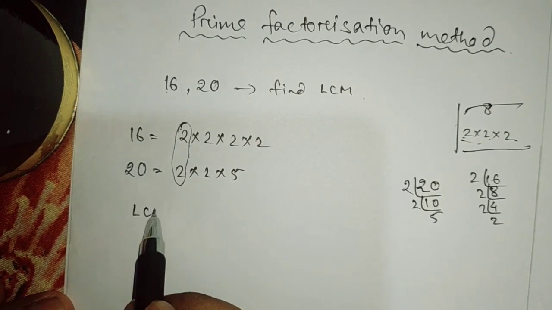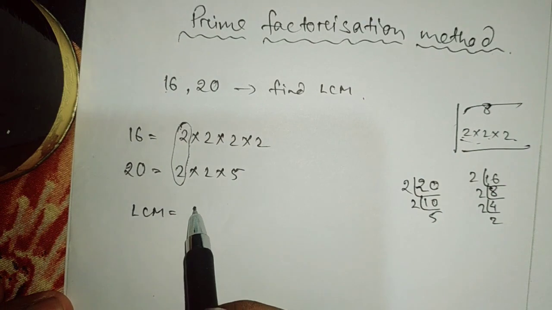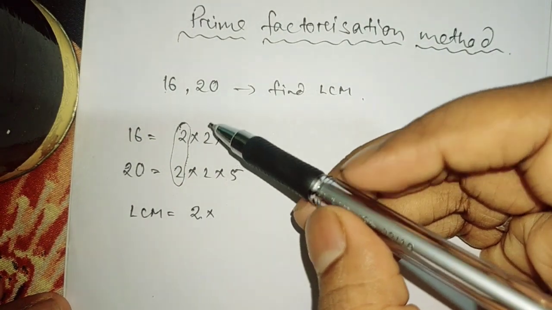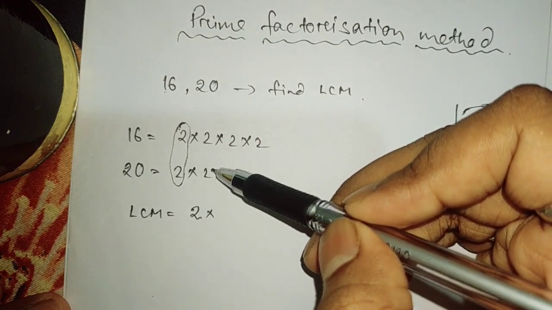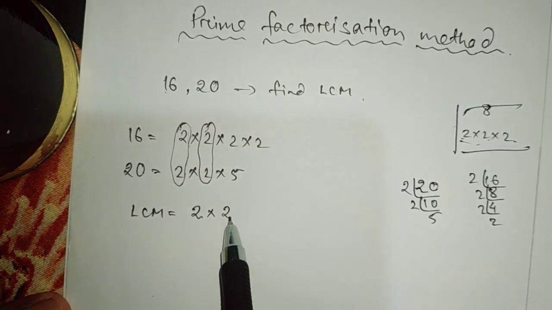In this case our LCM will start with this pair of 2, write it here. See if you have any other common pair. We can clearly see that these 2 and these 2 are common, so take this pair also, 2.